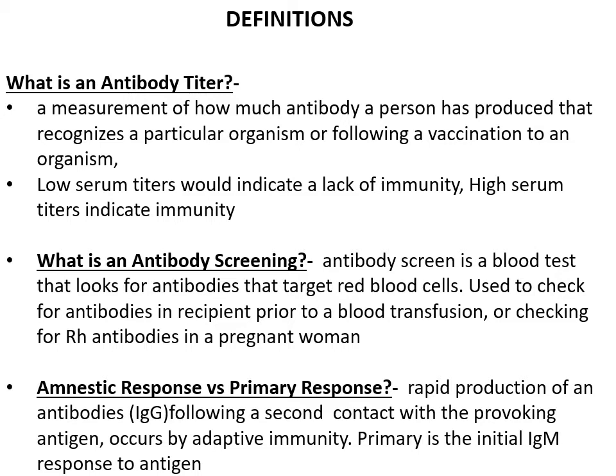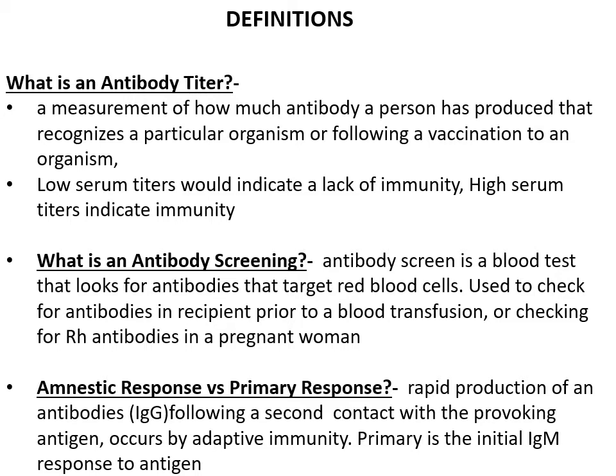What's the amnestic antibody response versus the primary antibody response? So the primary antibody response is really the first time that the body sees an infection. The antibody response from the B cells is going to be mainly IgM antibodies. What's the amnestic response?